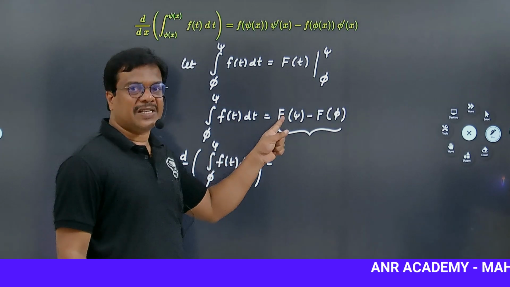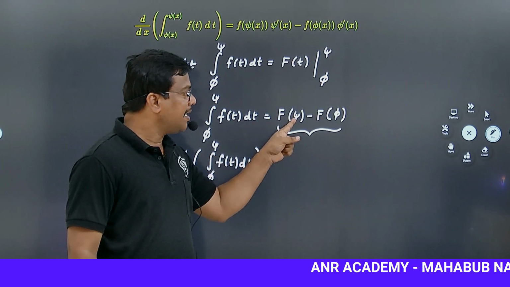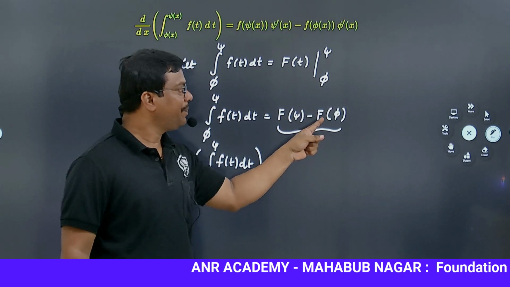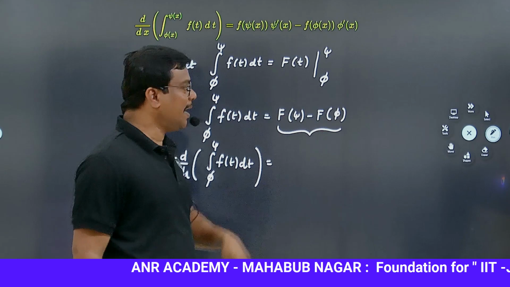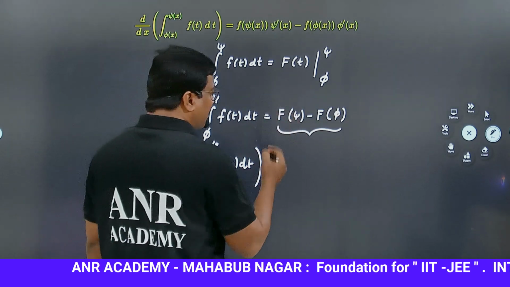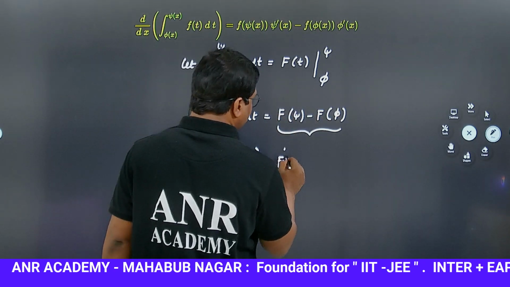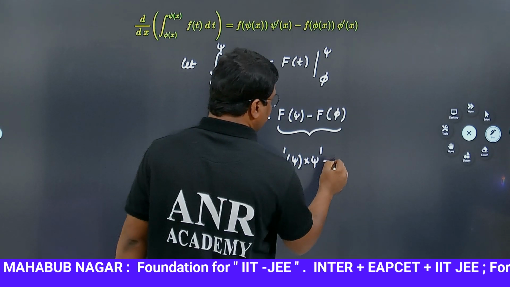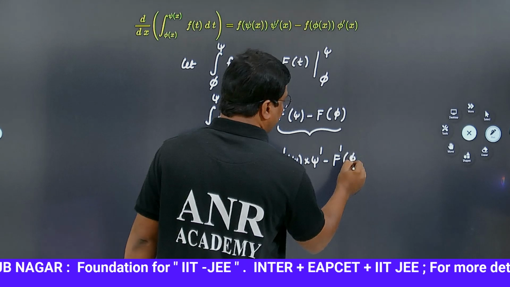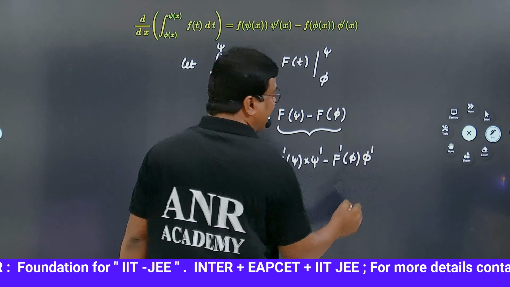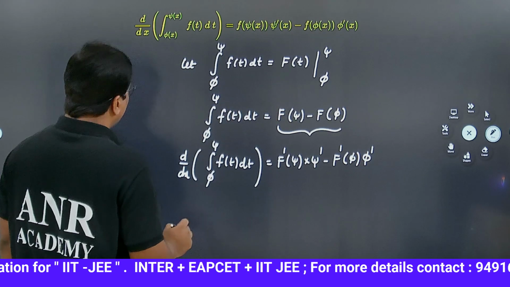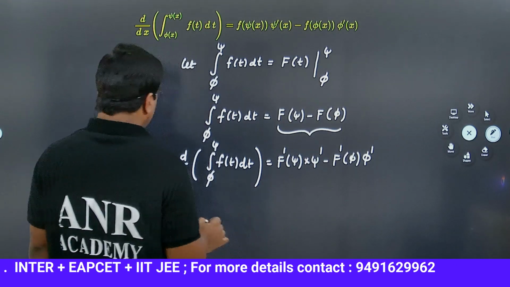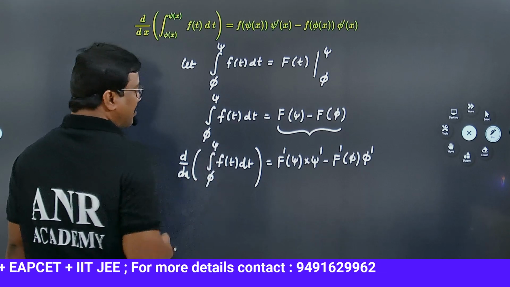Now differentiation of this with respect to x. It is a composite function, internal function psi, outer function capital F. The second one is also a composite function, internal function phi, outer function capital F. Differentiation of a composite function gives F dash of psi multiplied by psi dash, next F dash of phi multiplied by phi dash. So I can write d by dx of the integral from phi to psi of f of t dt.